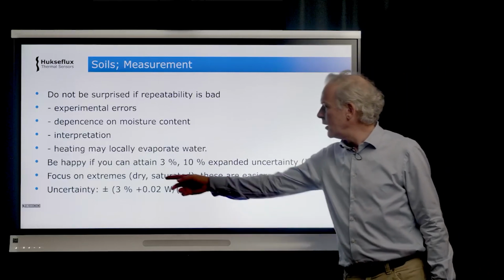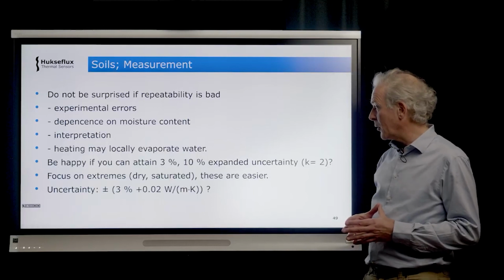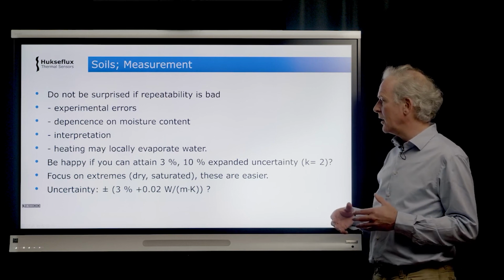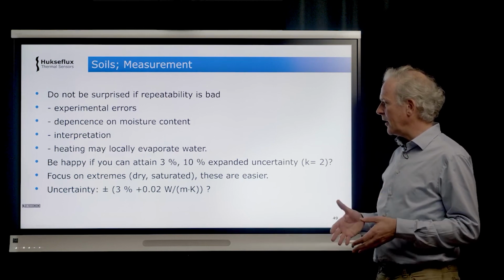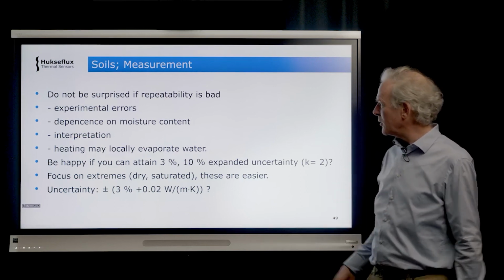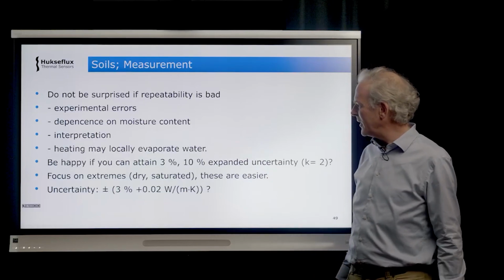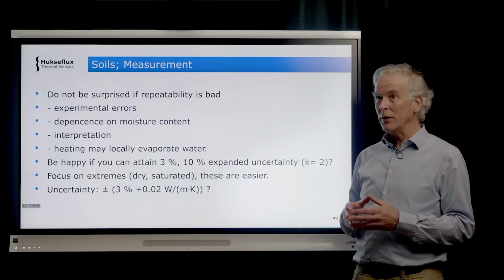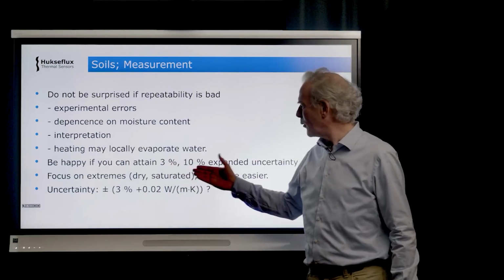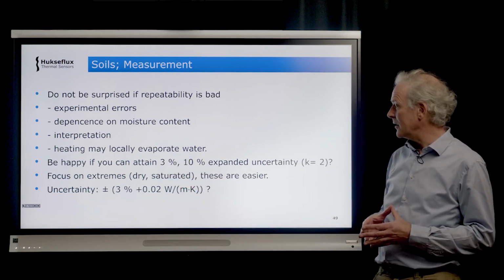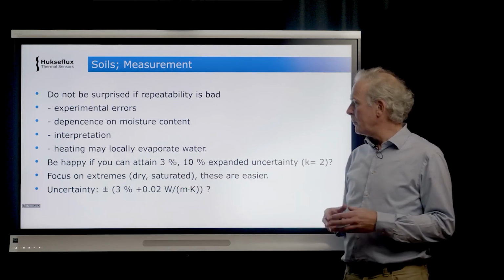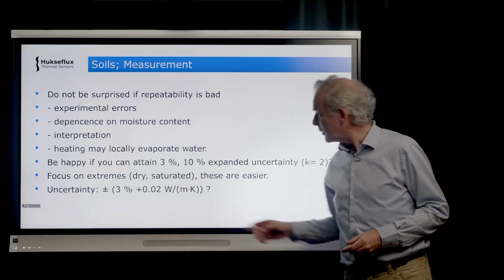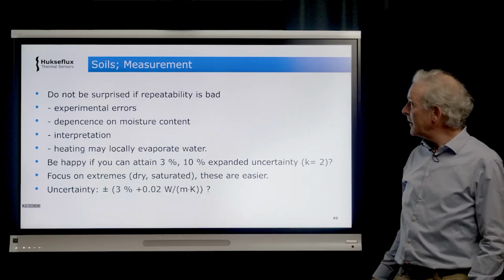For example, if your soil is completely dry or completely saturated, there you have a nice environment for the measurement. You cannot evaporate water, that's one thing, and the homogeneity of your sample is better. It's simply completely dry or completely saturated, so that's easy. As an overall impression of the uncertainty, Huxley often uses this formula, so try and experiment with that.